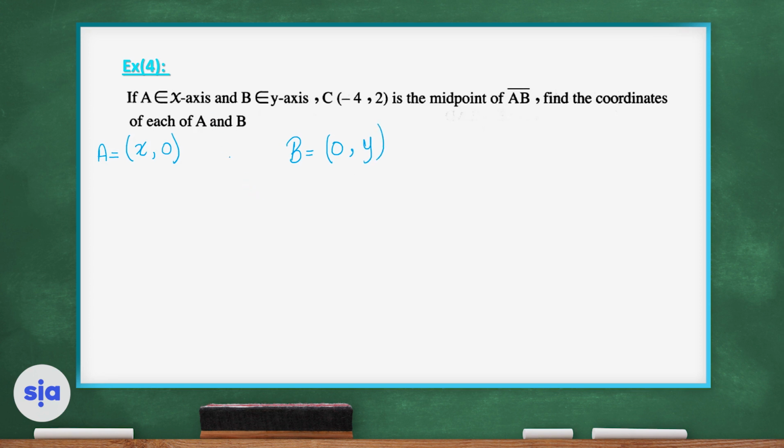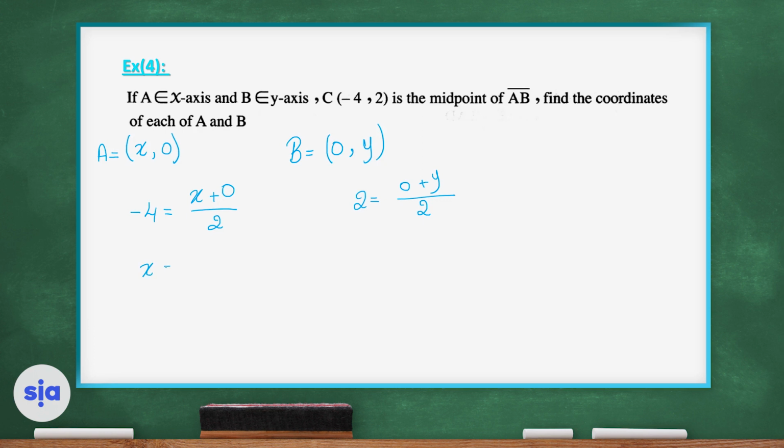So if C is the midpoint, then the x part of C came from (x + 0) over 2, where the y part of C, which is the 2, came from (0 + y) over 2.